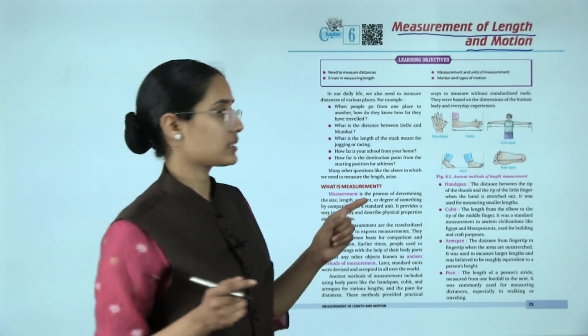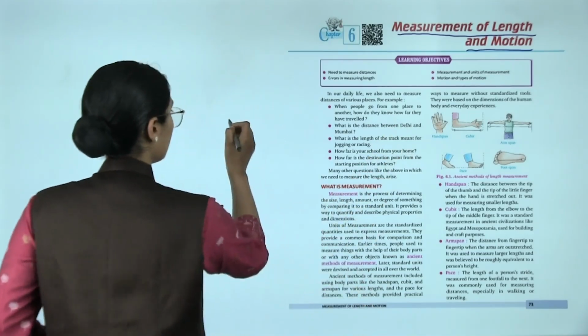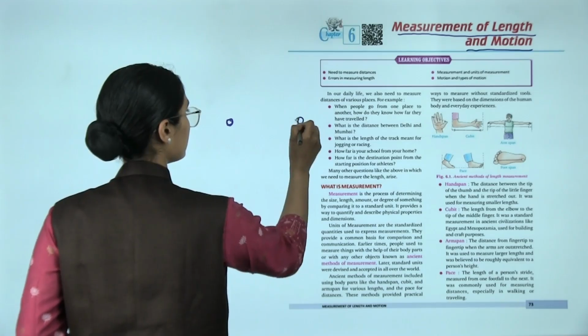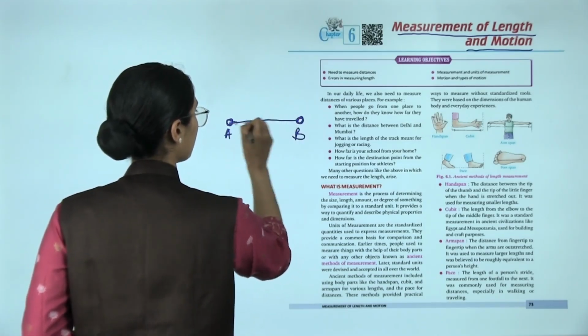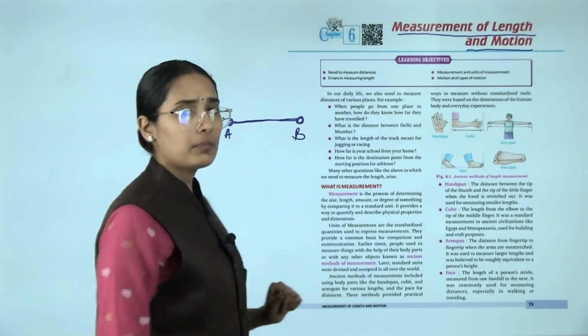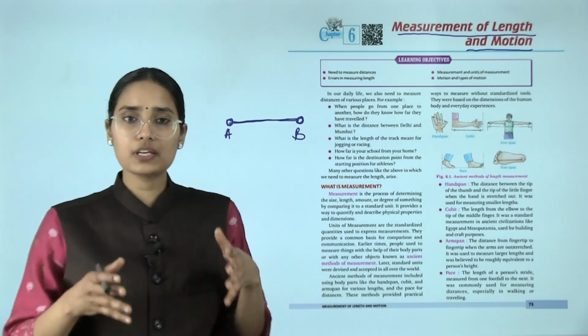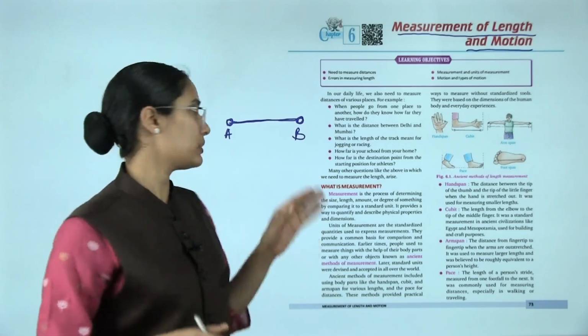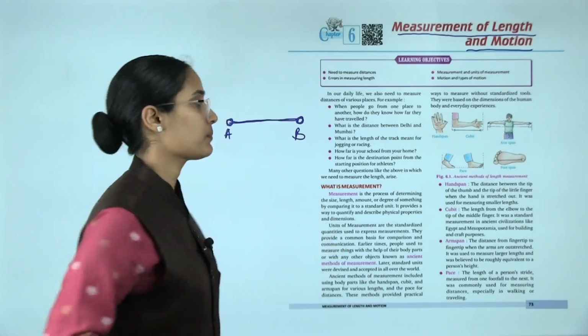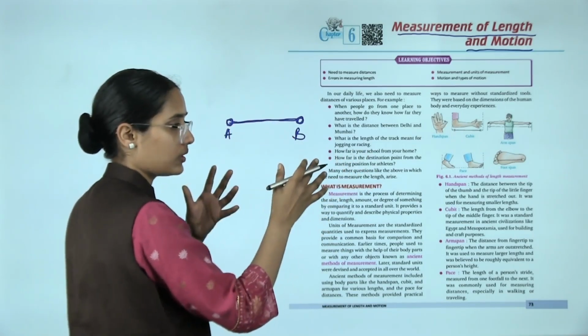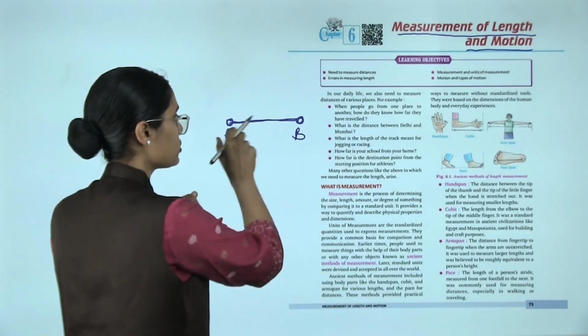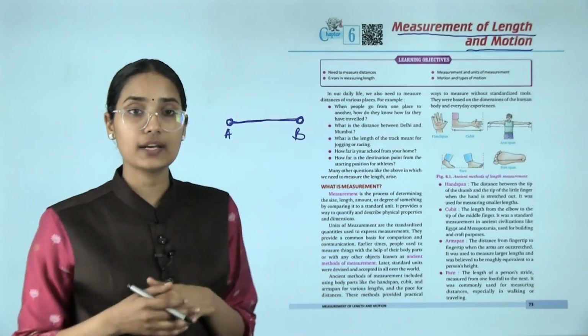Now what is distance? Distance is basically the length between these two points. But how do we measure the distance between these two points? If the points are very close, we can measure it using a scale.